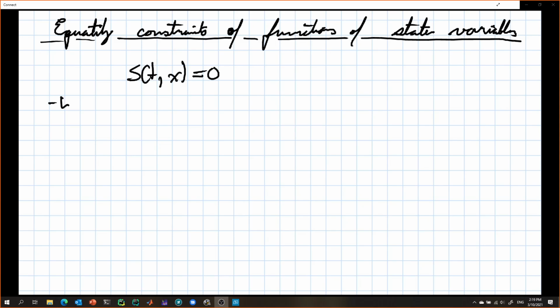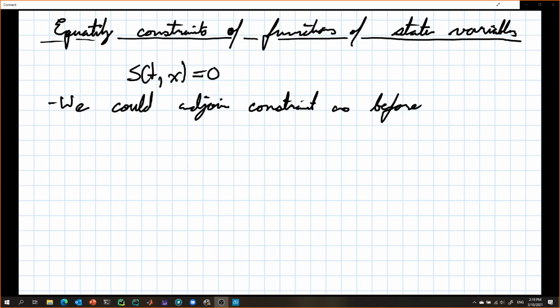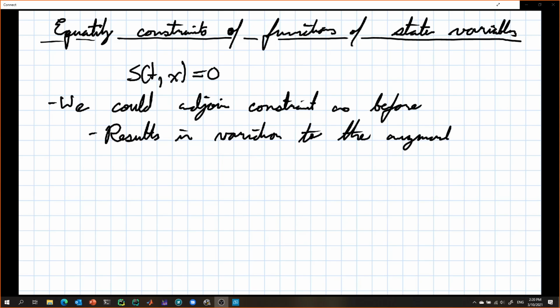So we could adjoin constraints as before, and that results in the variation to the augmented cost functional being the following.